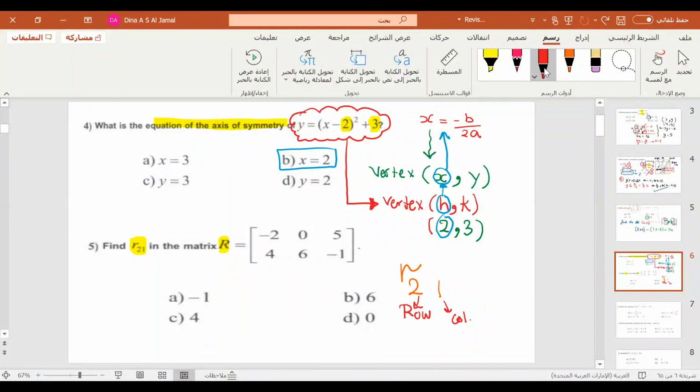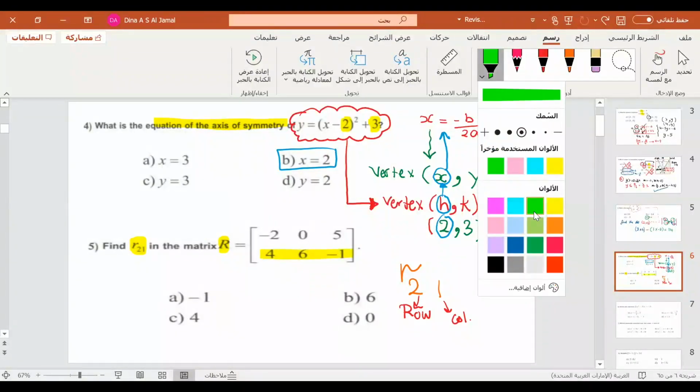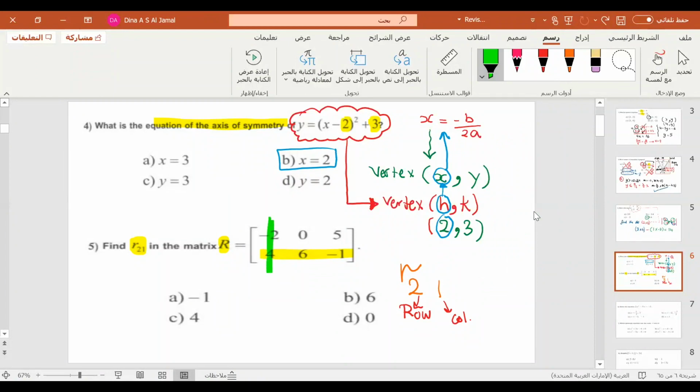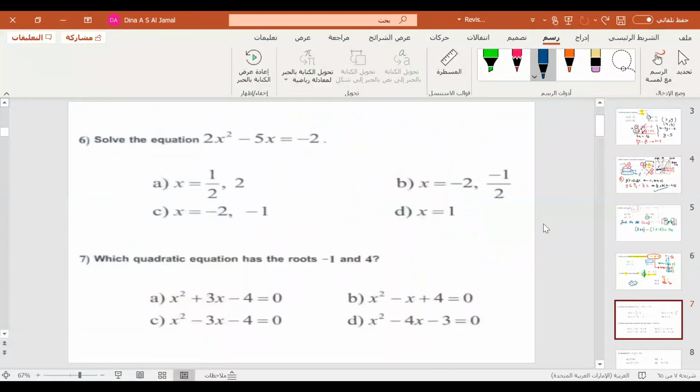That means we have to go to the second row and first column. So the place where you are having the intersection between the two colors, this is your answer, which is 4. Let's go to the other question.